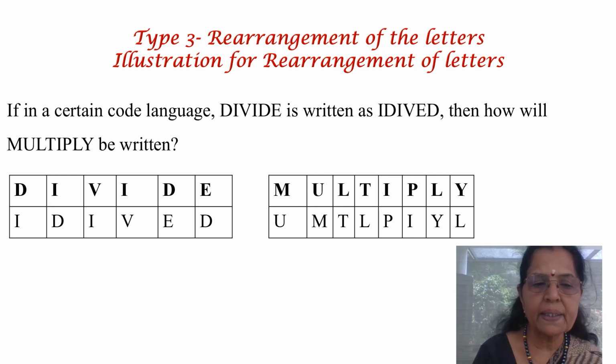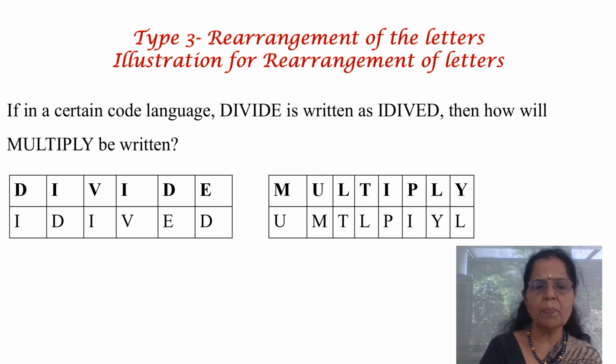So look for the pattern. Are you able to see any pattern? D has come here from the first position to second, and I has come from the second position to first. We are looking from the beginning, so we got the pattern. Now the third letter is interchanged with the fourth letter, and the fourth letter is replaced by the third letter.